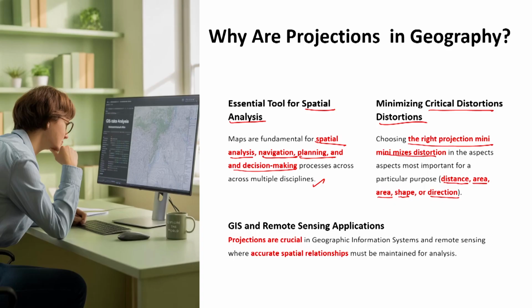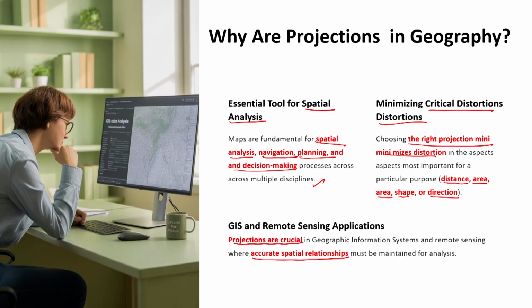Projection is also very essential for GIS and remote sensing applications, because to identify accurate spatial relationships, we need to have a complete understanding of projections. Suppose you are working on any project, you have to decide which project needs which projection system. If you are working with a worldwide, globe-wide projection, you have to choose an appropriate projection.